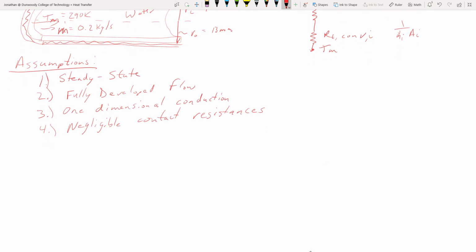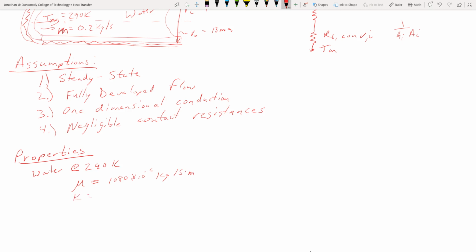Looking up some properties. What do we have here? So we have water at 290 Kelvin. What are we going to need for that water? We might need mu, depending on how far off we are from mu s. So mu, we're going to say that's 1080 times 10 to the negative 6th kilogram per second meter.